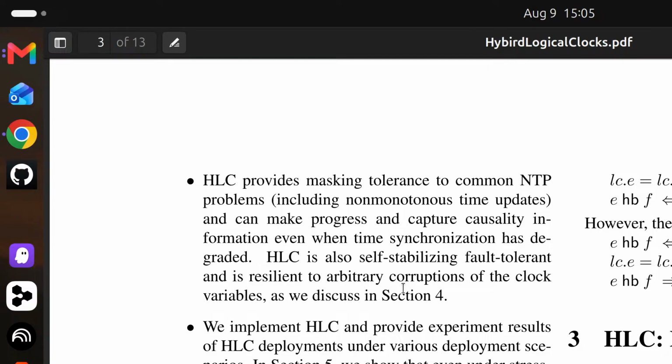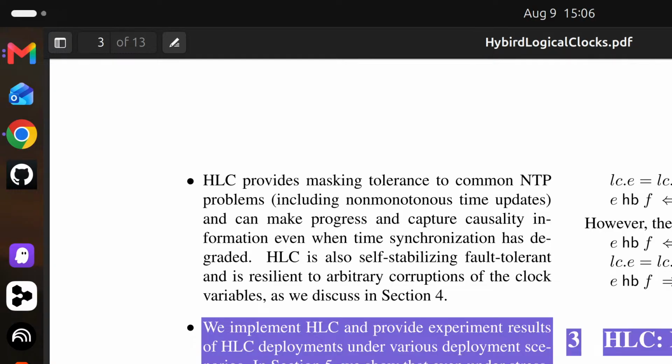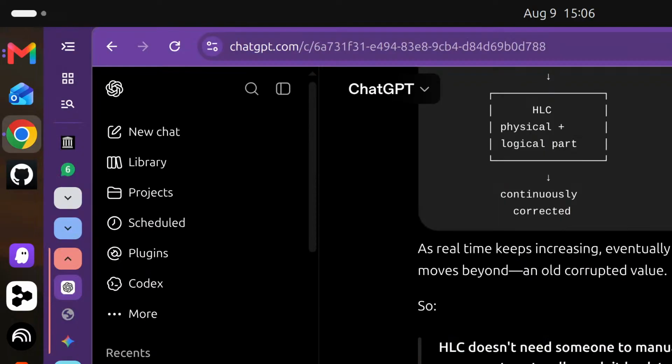These practical bounds are much smaller than the theoretical bounds proved in our analysis. Our HLC implementation is made available in an anonymized manner at github.com/augmented type project. I think this is very simple to read, but okay.